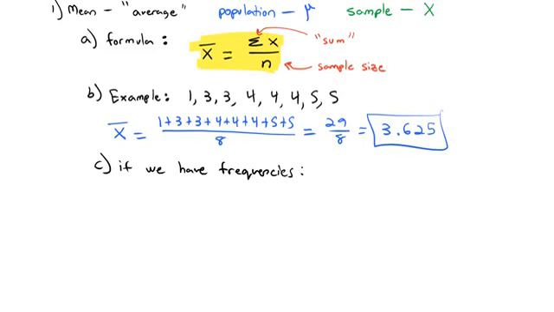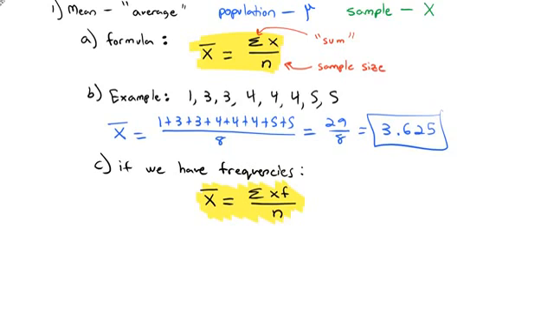But if we have frequencies given to us where we know how often each number is used, the formula is going to tweak slightly. X bar is going to be equal to the sum of the x's times the frequency divided by the sample size. So if we have frequencies, we should know this formula.